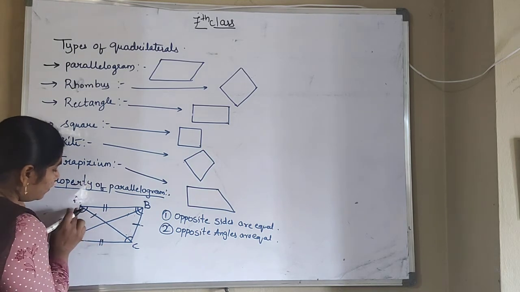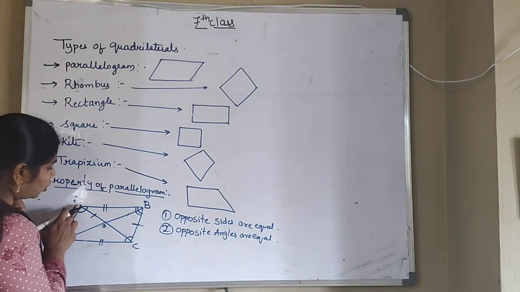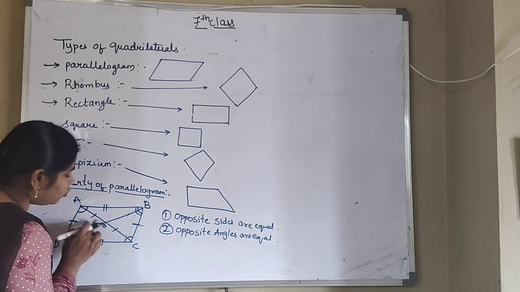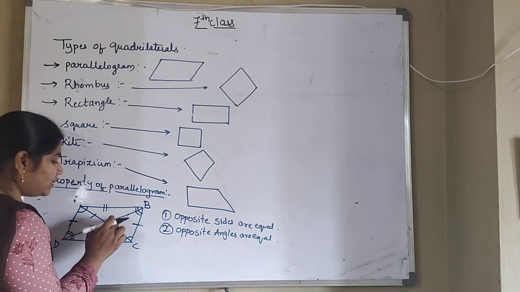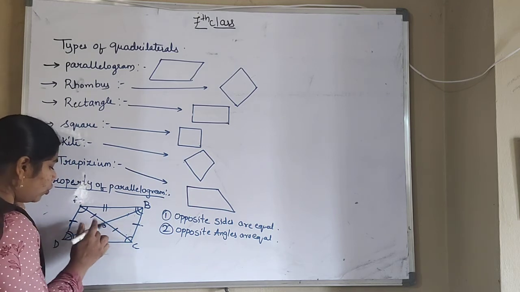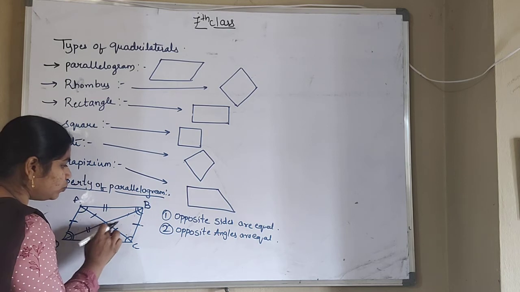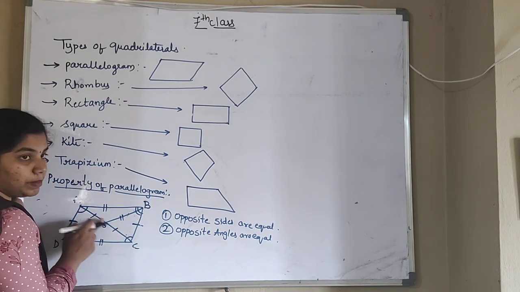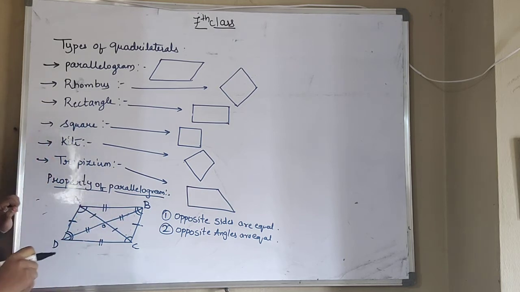If I take this point as O, the length of AO will be equal to the length of OC. In the same way, DO will be equal to OB.